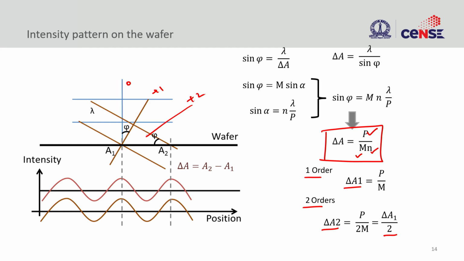That means I can create a structure like this with 3 orders coming in. As we already saw, a higher number of orders will allow us to image very small dimensions. So now, if I use an additional order, this is how one can increase the resolution by adding or capturing more orders.